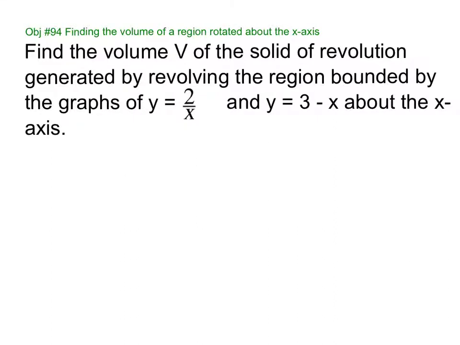All right, so find the volume of the solid generated by revolving y equals 2 over x and the line y equals 3 minus x about the x-axis. So let's look at this region. So we've got, that's your 2 over x, and then 1, 2, 3.